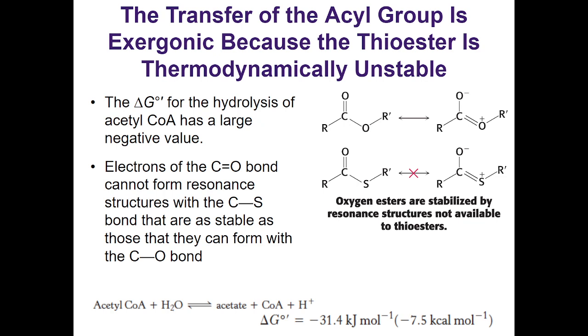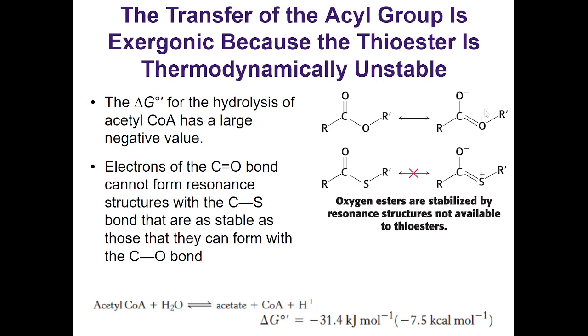unstable, isn't it? Yeah. Okay, so the electrons of the CO bond cannot form resonance structures with the CS bond that are stable. So right here, this is a normal ester, right? So normally we would have our carbonyl next to our oxygen.